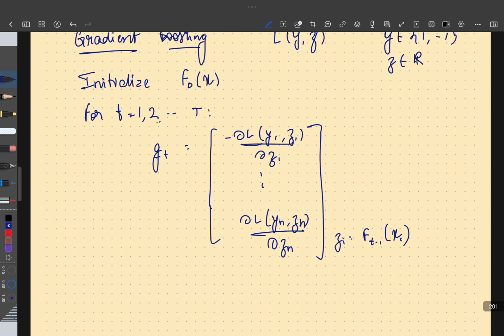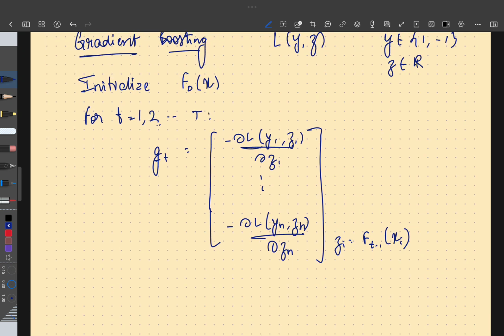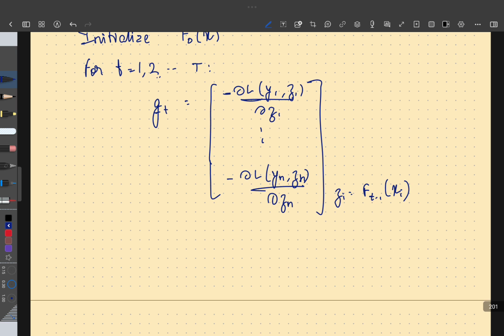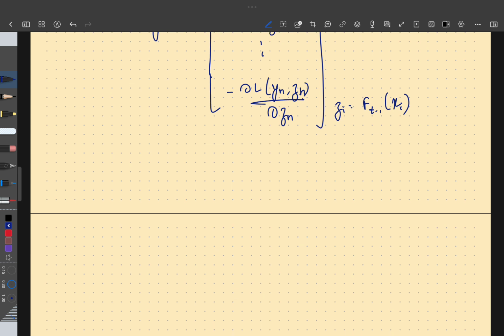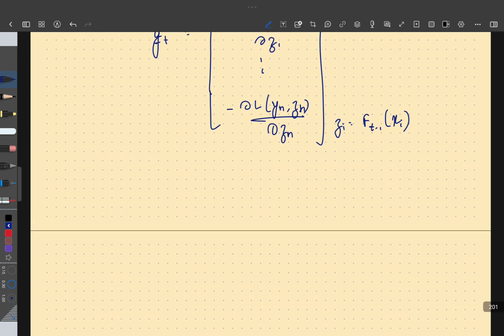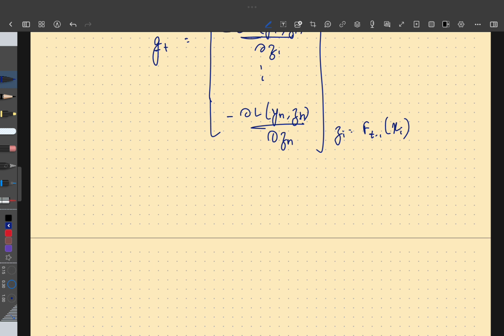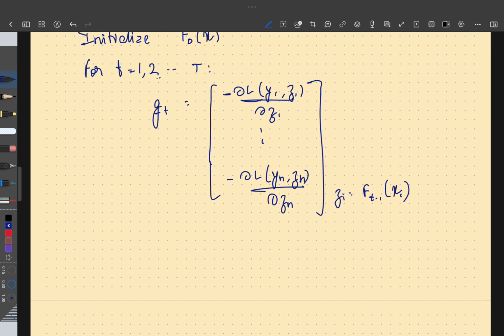Sorry, let me take gt to be the negative gradient. Once you find the negative gradient, this is some arbitrary vector which doesn't directly give you a predictor from the base hypothesis class.